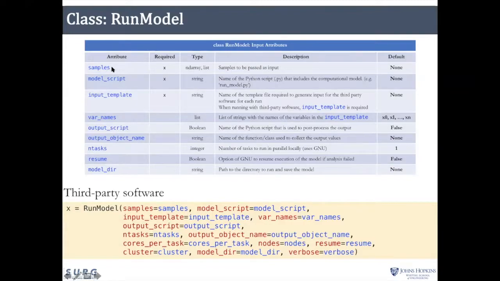As was the case for the Python model execution, samples can be either an n-dimensional array or a list. Model script is a string which contains the name of the Python script that includes the computational model. The input template is the name of the template input file which is required to generate input for any of the models.